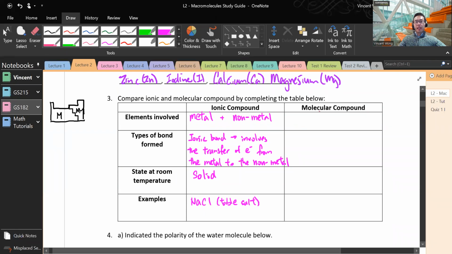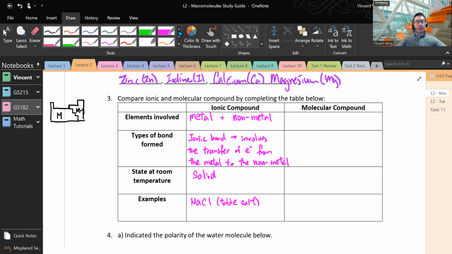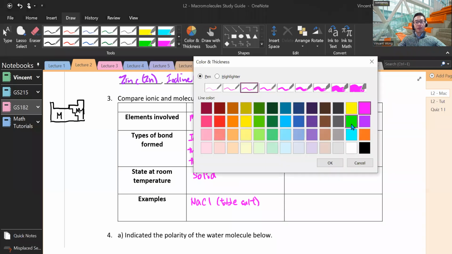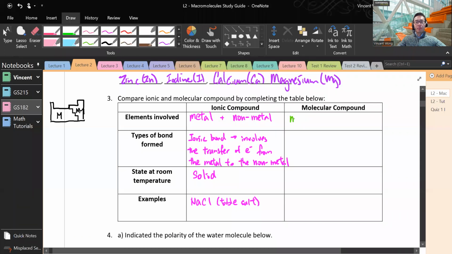Okay. Let's talk about molecular compounds. For molecular compounds, what we have is non-metal plus other non-metals. Both are on the right side of the staircase.